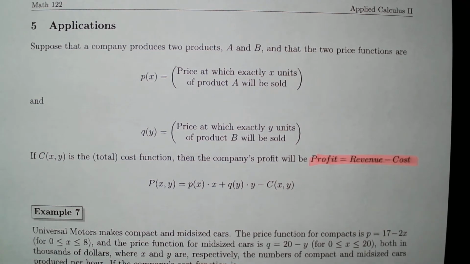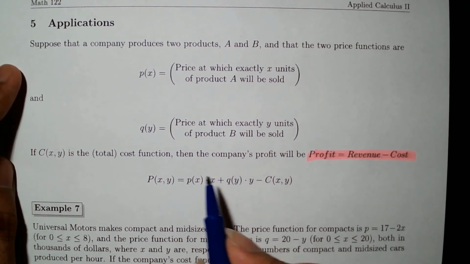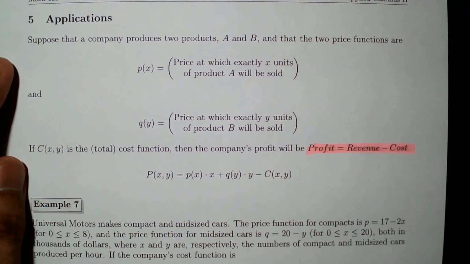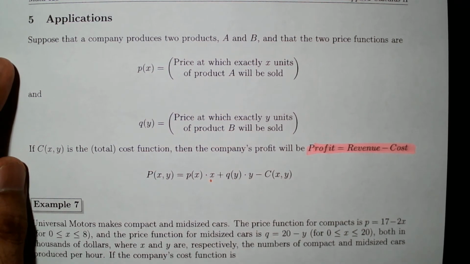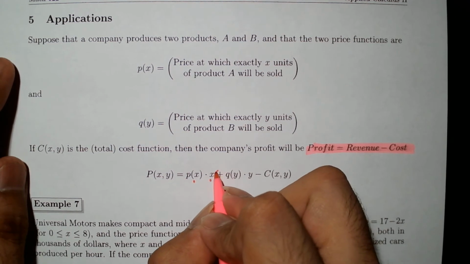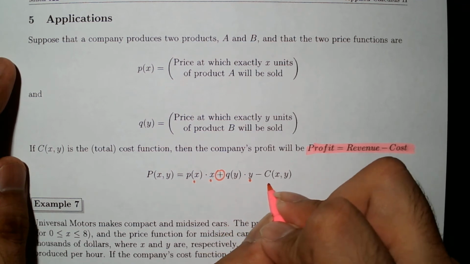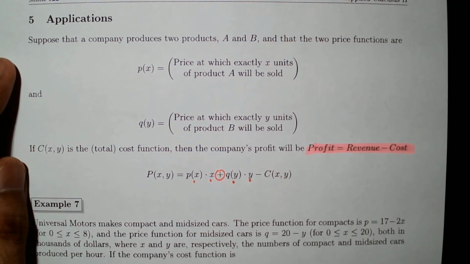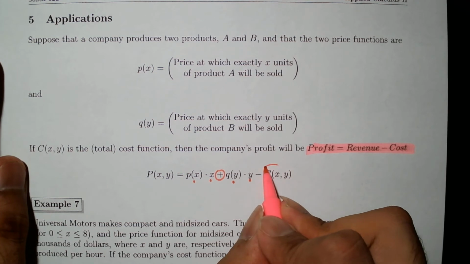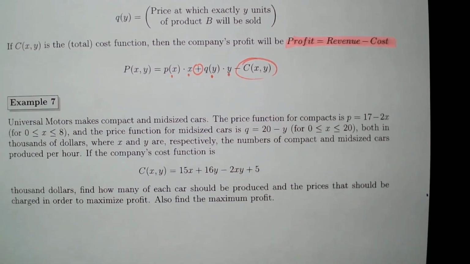Okay, now in this case, the profit will be X number of units of the first product times its price, plus Y number of products of the other article times their price. And then we are going to subtract the cost, which in this case is a function that depends on two variables.